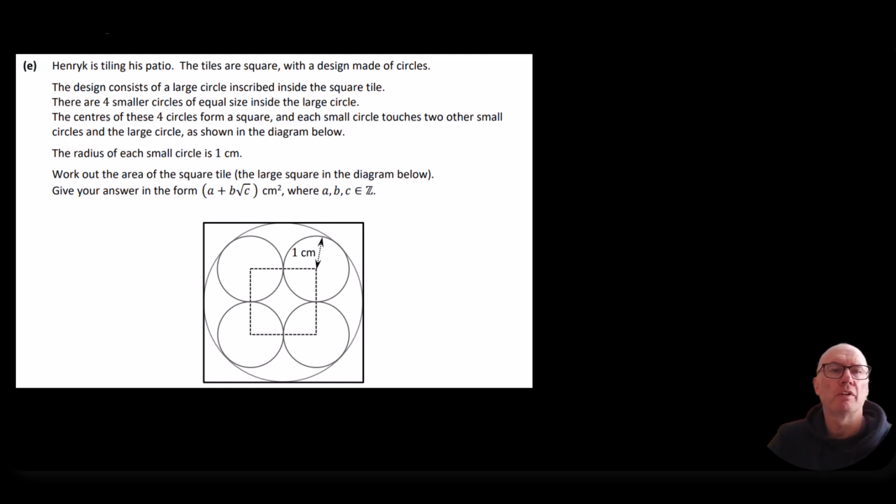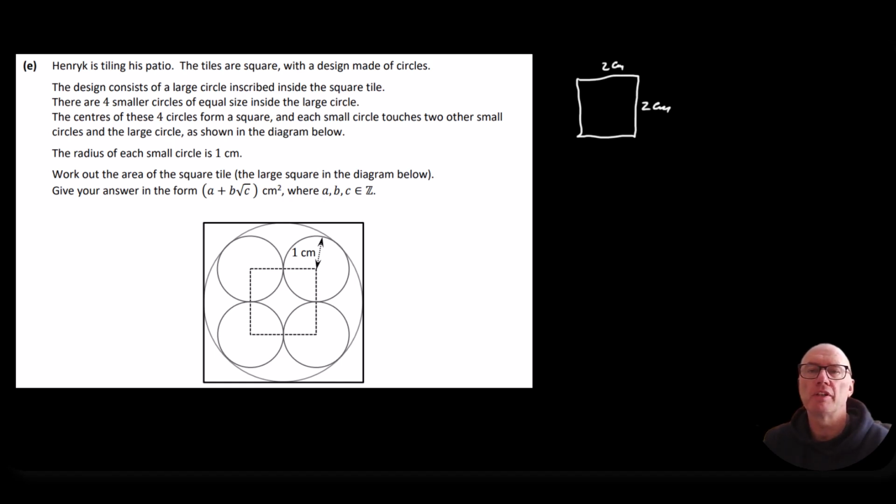So let's do all of that. So first thing I'm going to do is find the length of the diagonal of the small square. I know I have a square like this. I know that this is 2 centimeters and this is 2 centimeters here. So I'm going to find this here. I'm going to call it x, let's say.